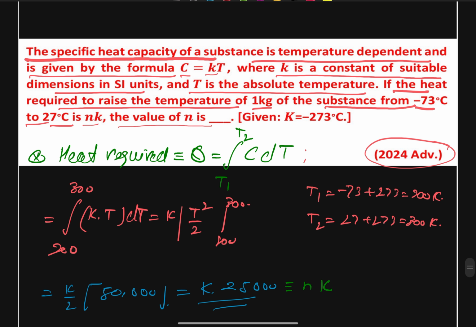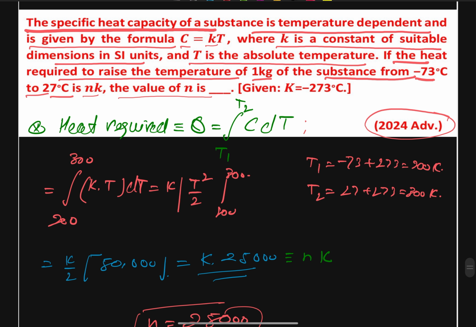So the value of N is 25,000. Next question.